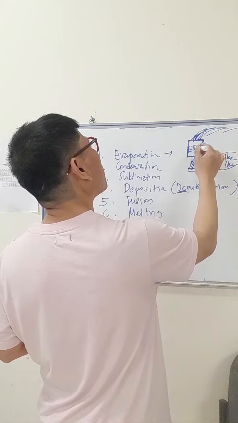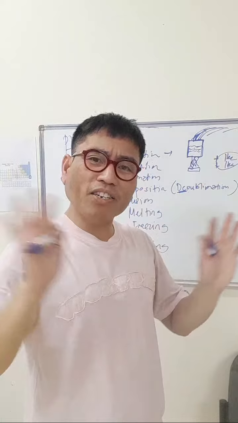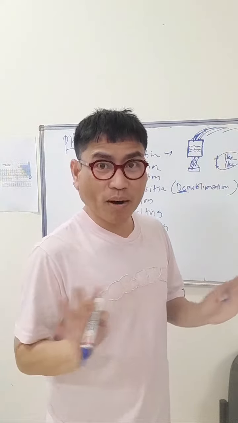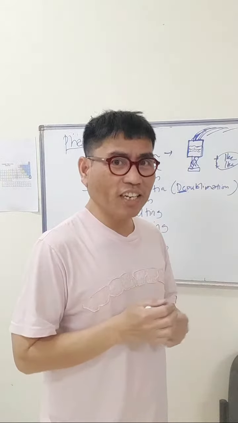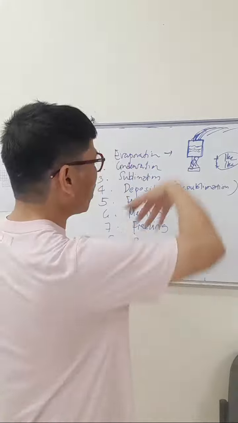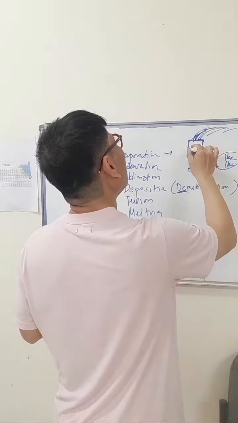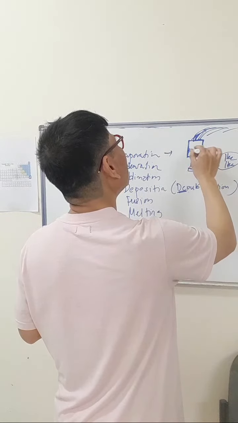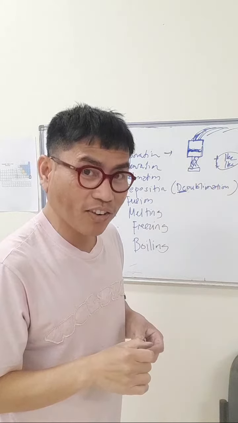The molecules go up after collision and bombarding of the atoms and particles due to strong kinetic energy. Because there's heat, kinetic energy will be there, and then it will go to the atmosphere. Now the volume will become lower.